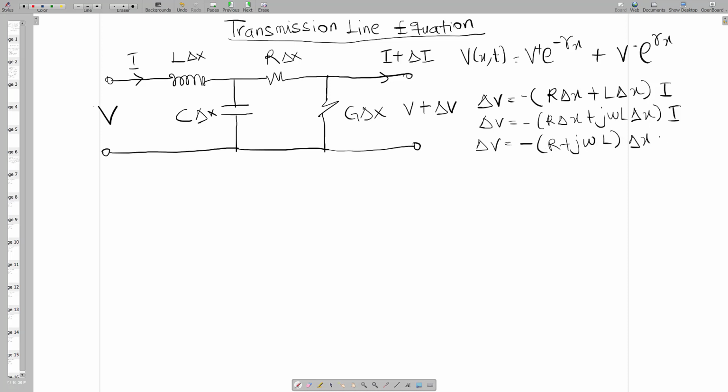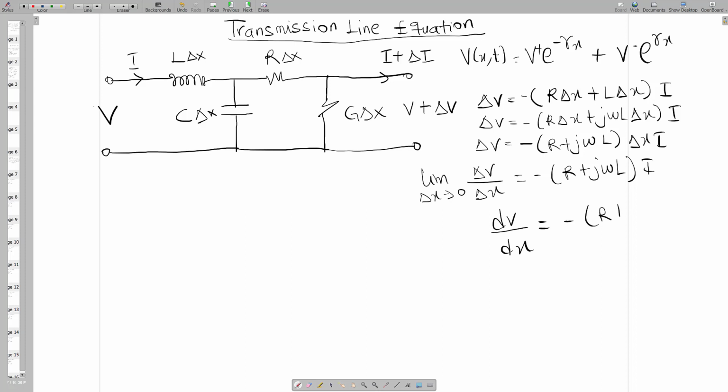So it was like this, and we had I. To be able to get rid of the transient time effect, we took the limit as delta X approaches 0 of delta V over delta X. So we took the limit as delta X goes to 0, and we had minus R plus j omega L times I, and eventually we had dV over dx is equal to minus R plus j omega L times I.